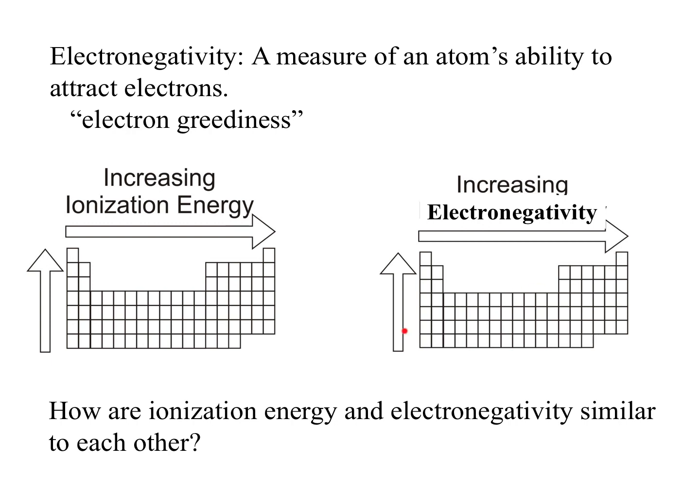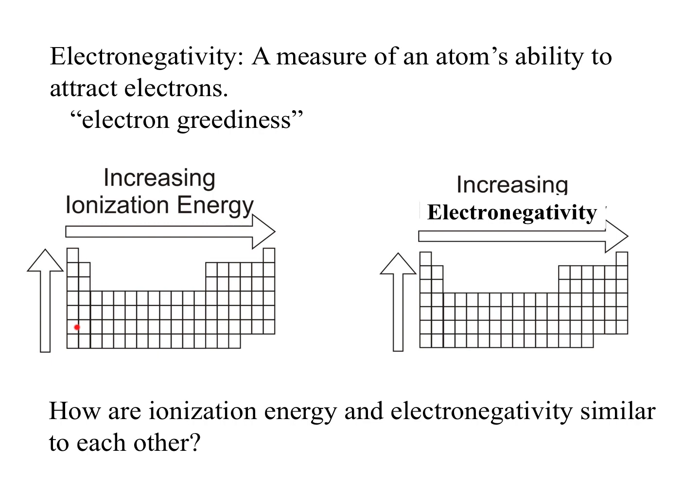Let's go pick on cesium now. Cesium is down here. Cesium has a really low ionization energy, meaning it's really easy to take an electron from cesium. How many valence electrons does cesium have? Just 1. And how many does it want to have? 8.